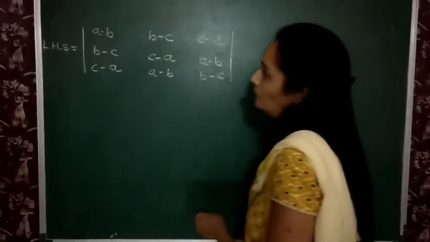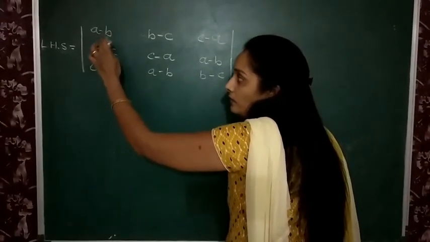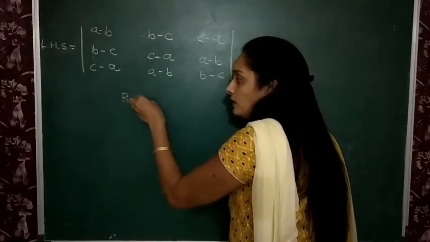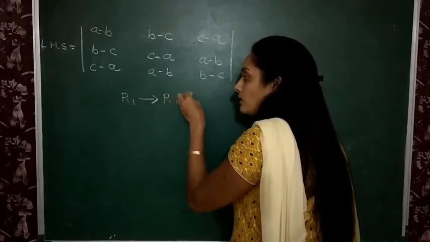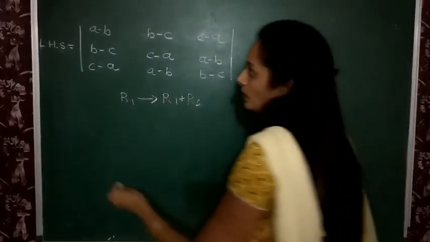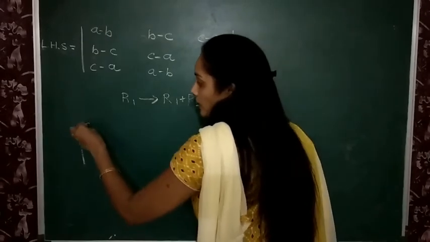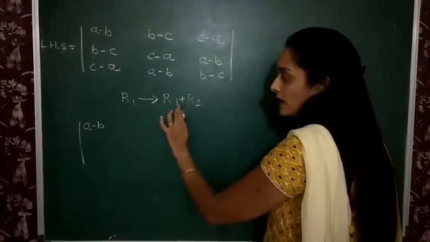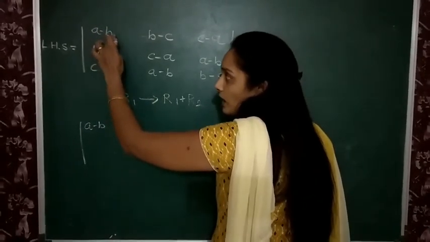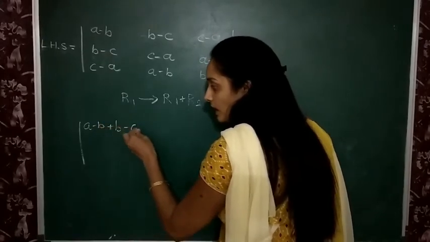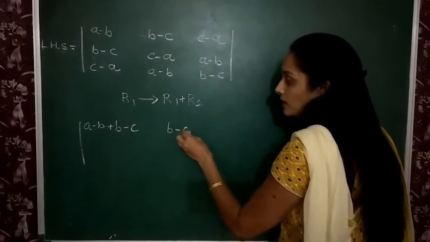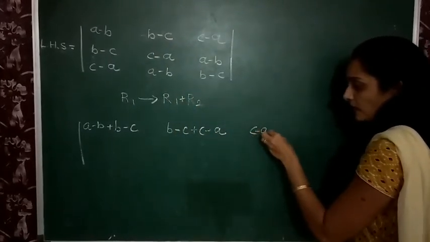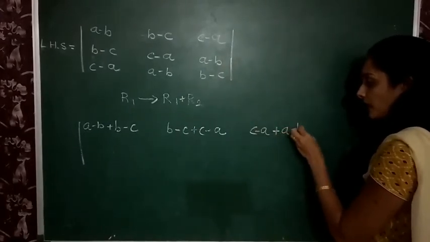Okay, now we can see if we add first and second row, that means R1 transfers to R1 plus R2, then we get a minus b. In first row we add second row, that means corresponding elements, so a minus b plus b minus c. Here b minus c plus c minus a, c minus a plus a minus b.